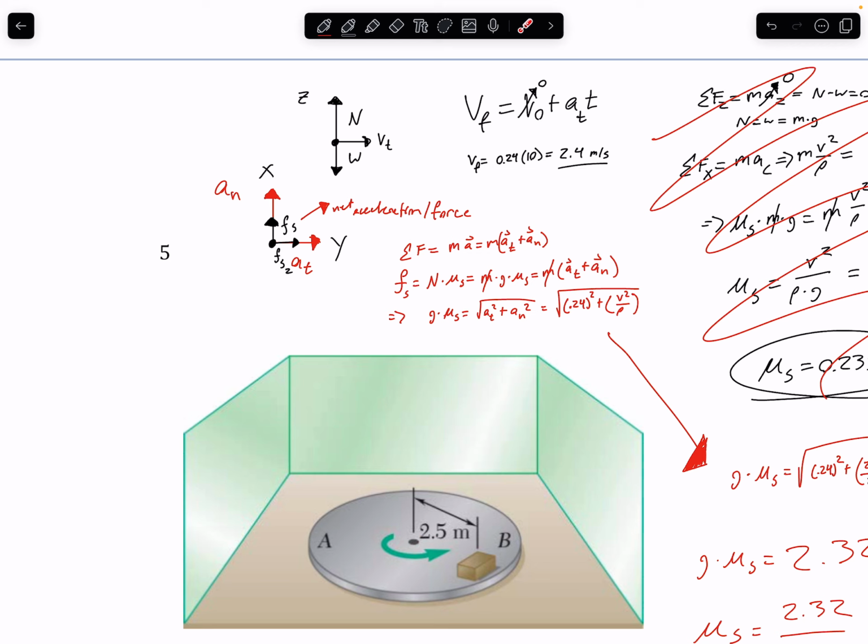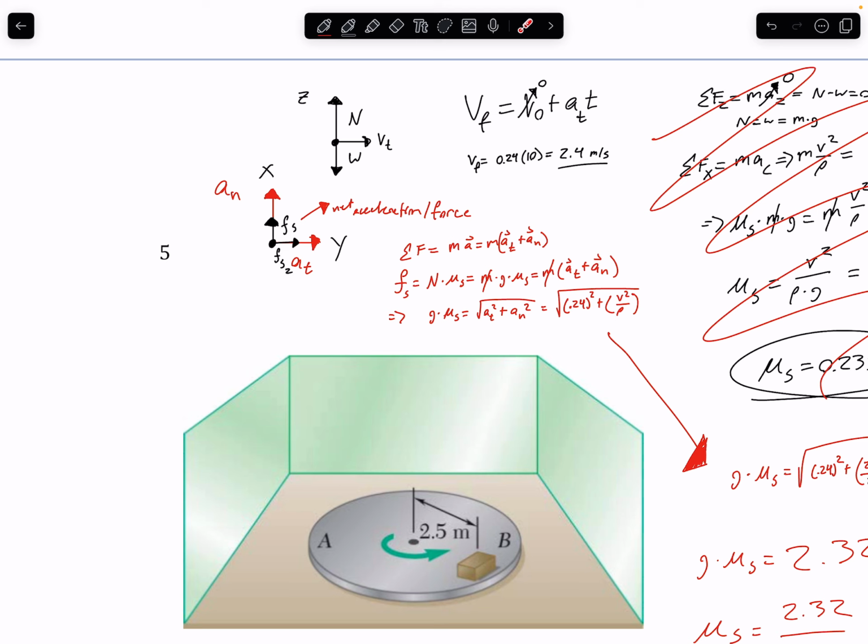But it's important to note that it is accelerating that way, so there must be some sort of force going that way with it, which ends up being friction force as well. And then there's a friction force pushing it that way as well to keep it from sliding off. And that's what we're trying to figure out.